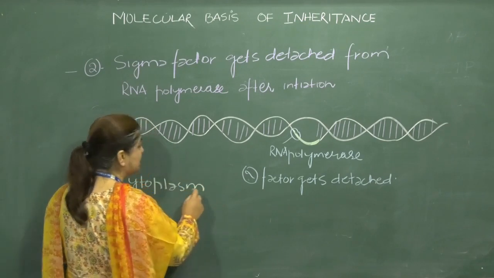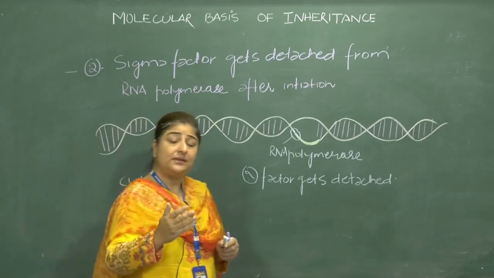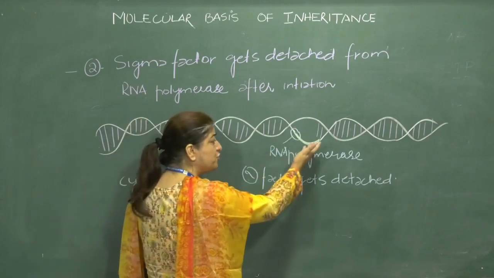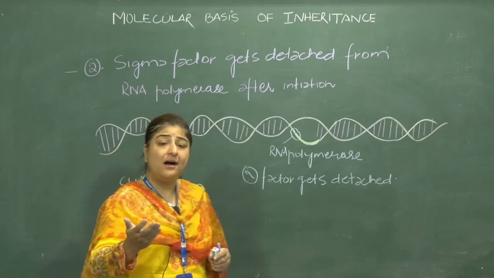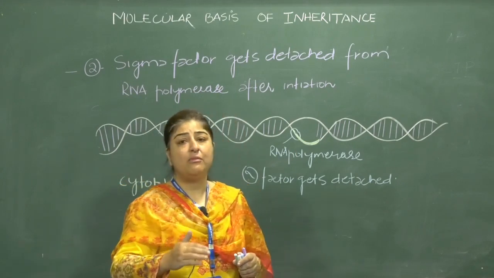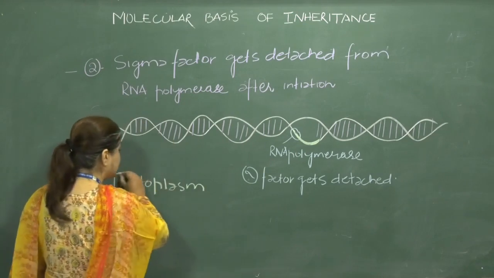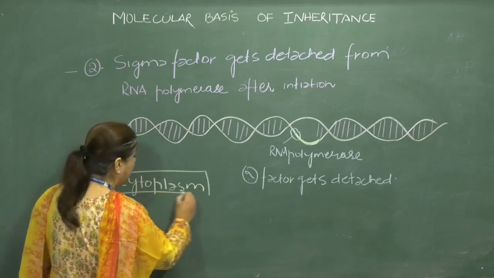In the cytoplasm, the ribonucleotides that are utilized for polymerization are present in the form of monophosphates.